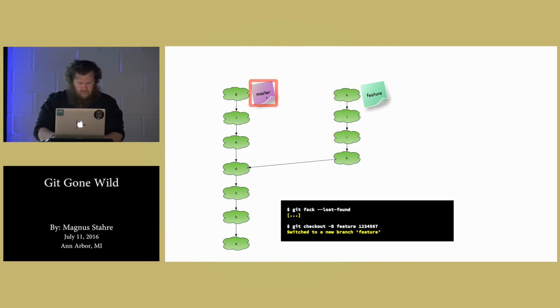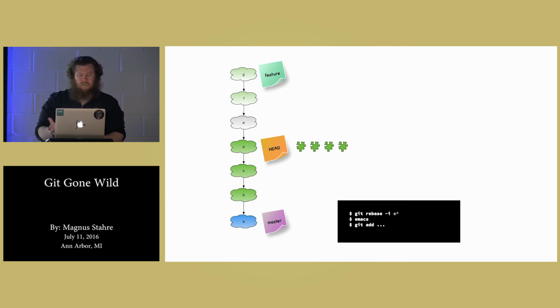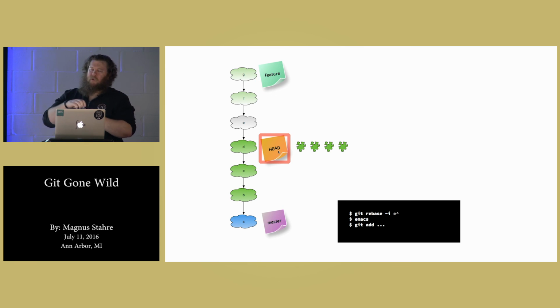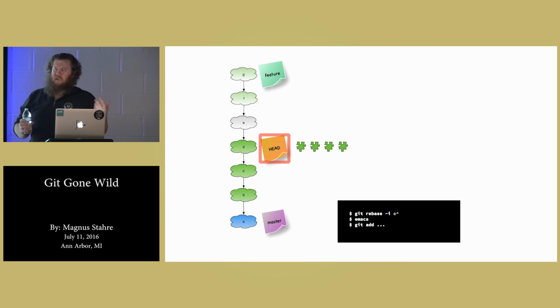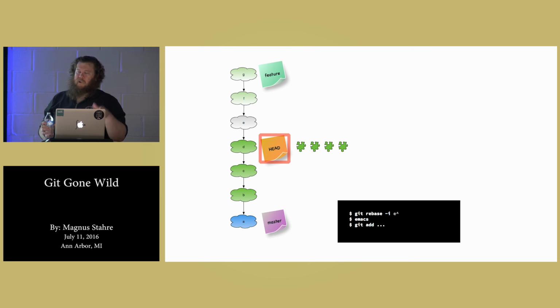So here, let's say you're at a point where you have an attached head. It points to this particular branch. What detached head means is that your head, instead of pointing to a ref, a branch of sorts, is pointing straight to a commit.